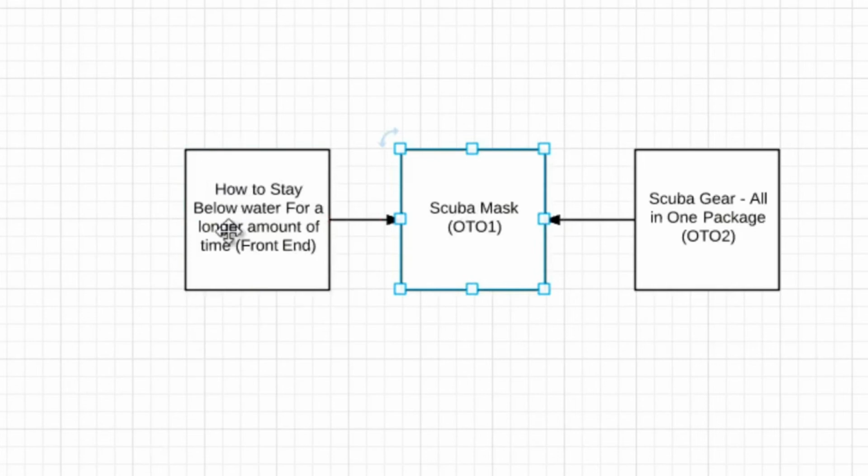You say, okay, I've trained you, I've educated you, and here's a scuba mask that will help you do just that. And after they buy that, you could say, we normally sell the scuba gear all in one package for such and such price, but you're going to get 50% off if you buy it right now.